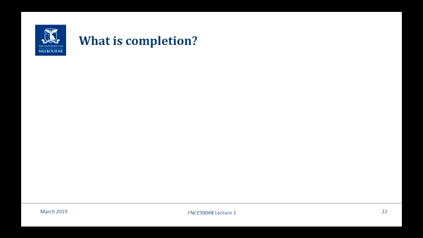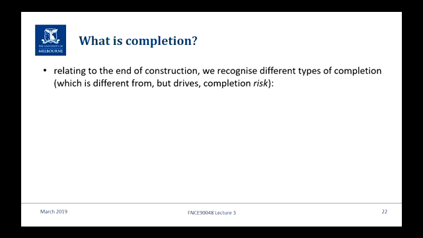Okay, let's start again. Now, I've referenced the concept of completion a few times, and completion is that state that has been met in terms of triggering the contingency in the debt agreement.